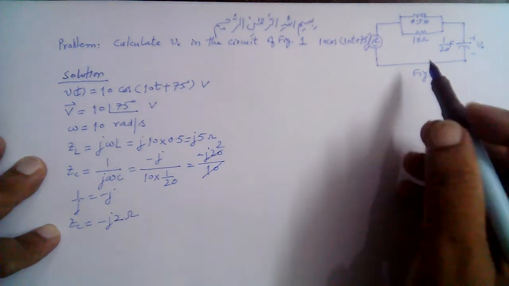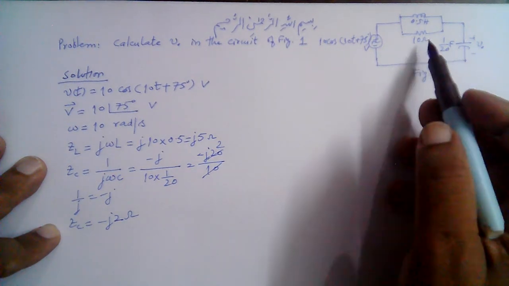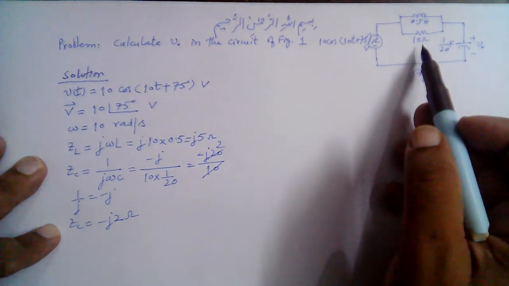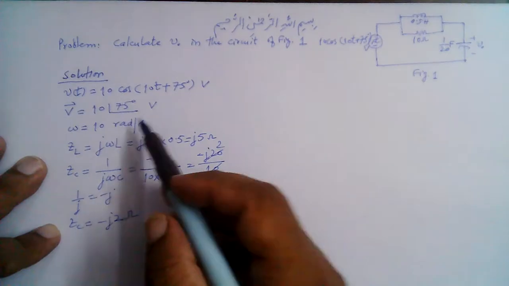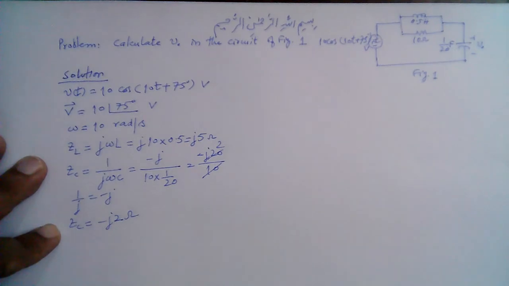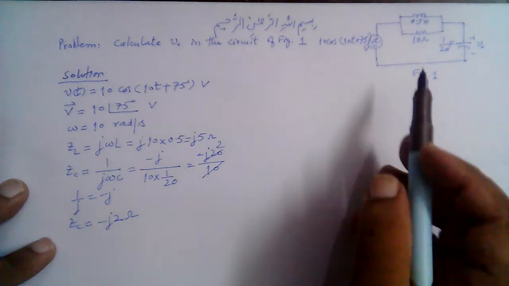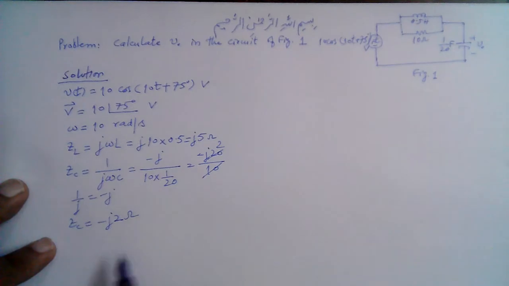And the resistances will remain the same. This resistance will remain the same in the phasor domain. Resistance is independent of the frequency omega, so it will remain the same. So we can now redraw the circuit from the time domain into the phasor domain.